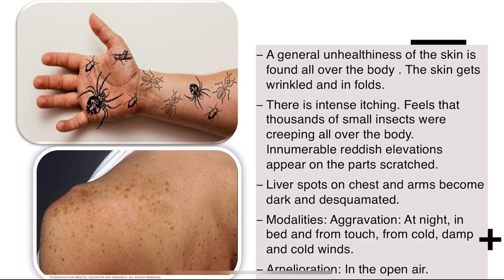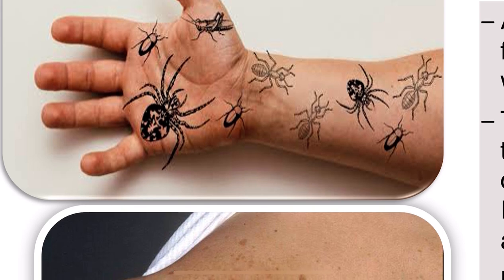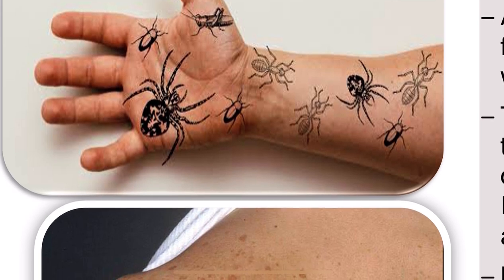There is intense itching. The patient feels that thousands of small insects are creeping all over the body. Such patients will come to your clinic and tell you that they have a sensation as if thousands of worms were creeping all over their body.